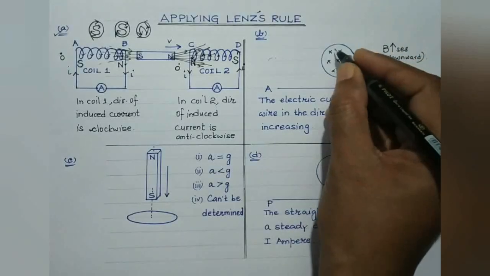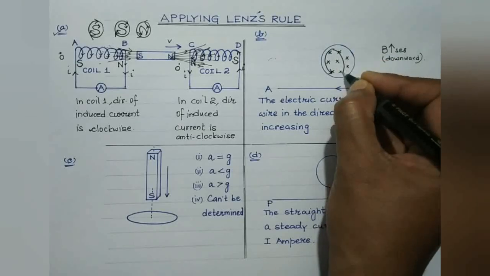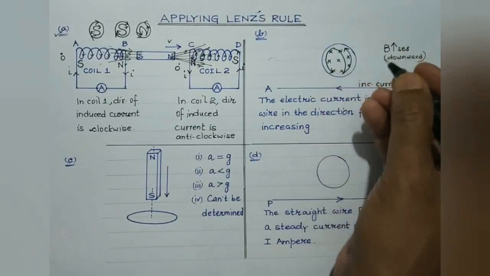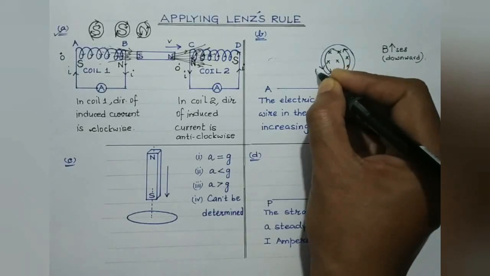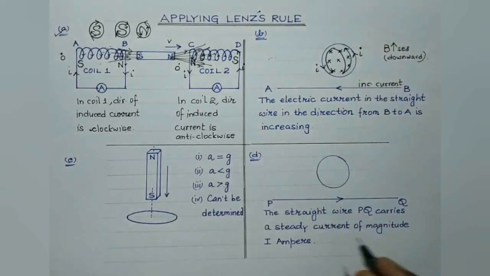So for that, this face of the loop must acquire north polarity. And it will be possible only if the induced current is flowing in the anti-clockwise direction.